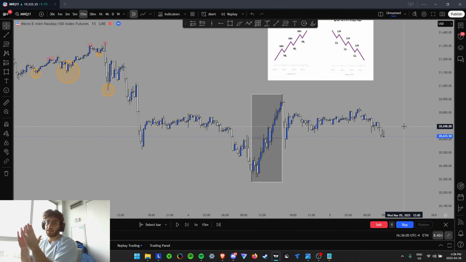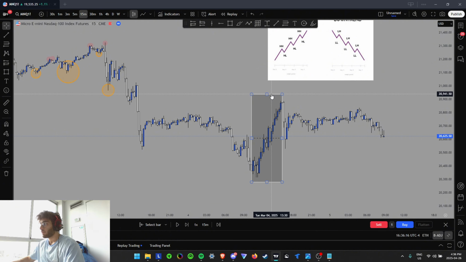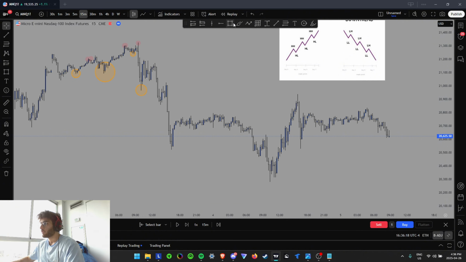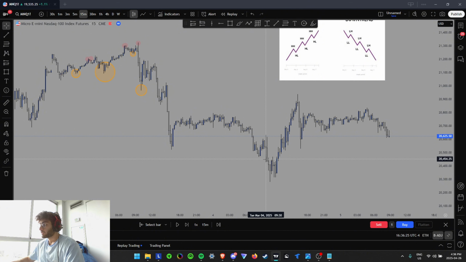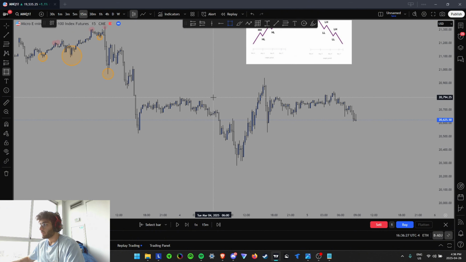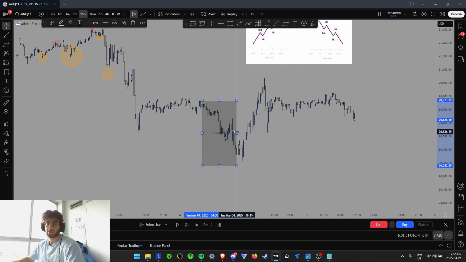So essentially, if you want to dumb it down to a point where it's the most easily understandable, go grab your rectangle tool and draw it out from point to point. If it looks like it's moving sideways, then it's ranging or accumulating. If it looks like it's moving in a direction, then it's likely a box that looks like it's moving in a directional bias and trending.